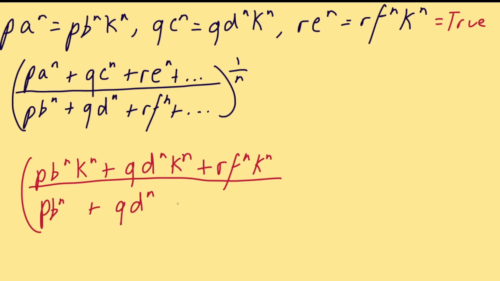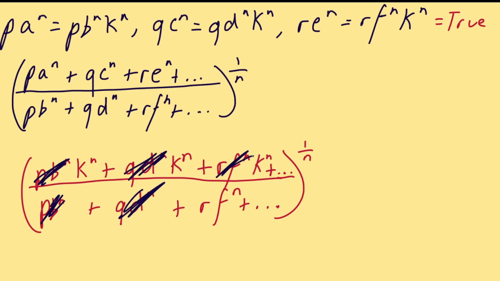Now you can probably see where we're going with this. We can start cancelling things out because, of course, there's a bunch of common terms here. Cancel, cancel, cancel, cancel.